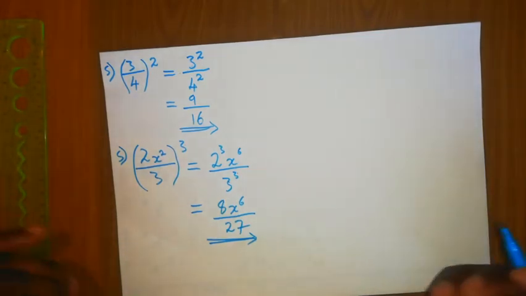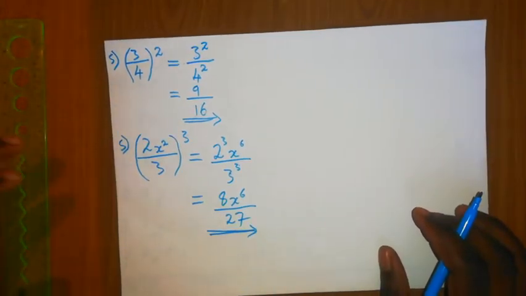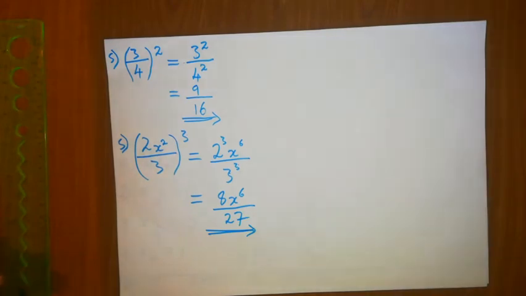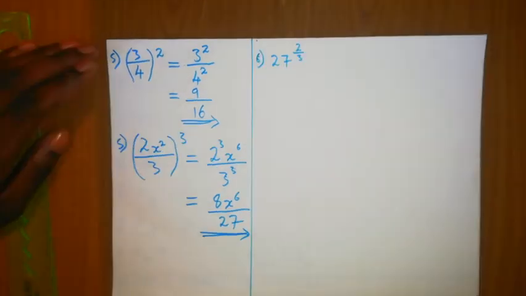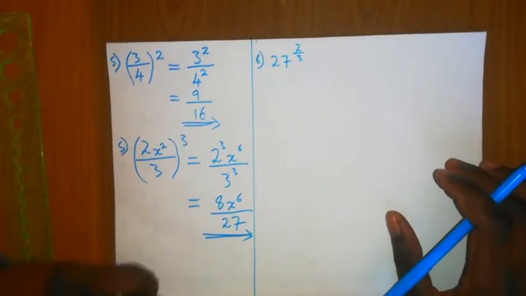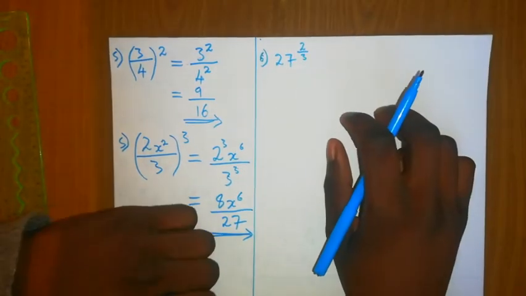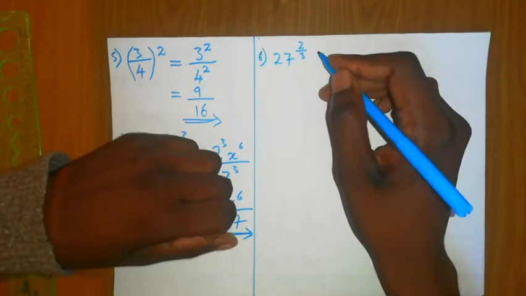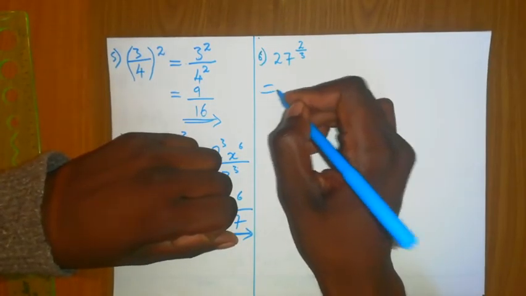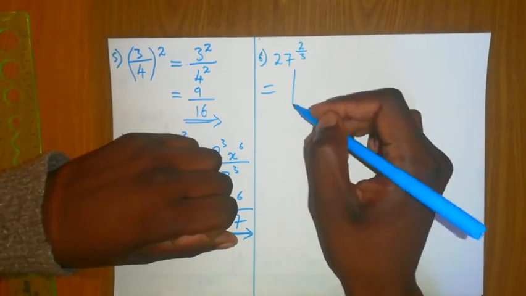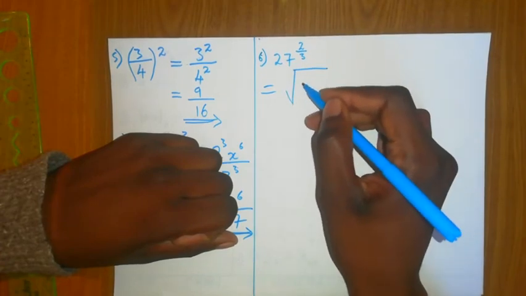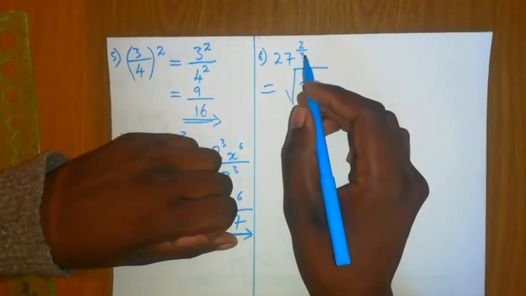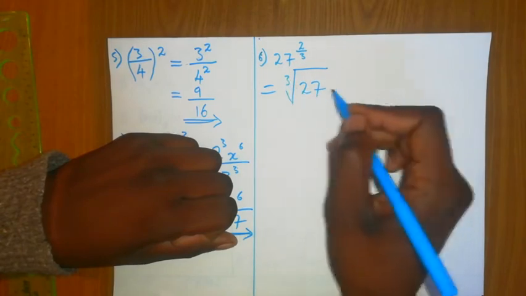Let us go to our law number 6. There is our law number 6. A number is raised to a power that is a fraction. So we are supposed to introduce a root sign there. Then 27, then this one comes here, 3 root.